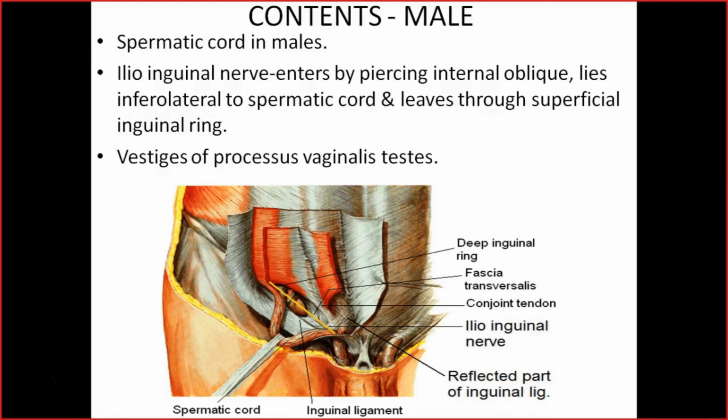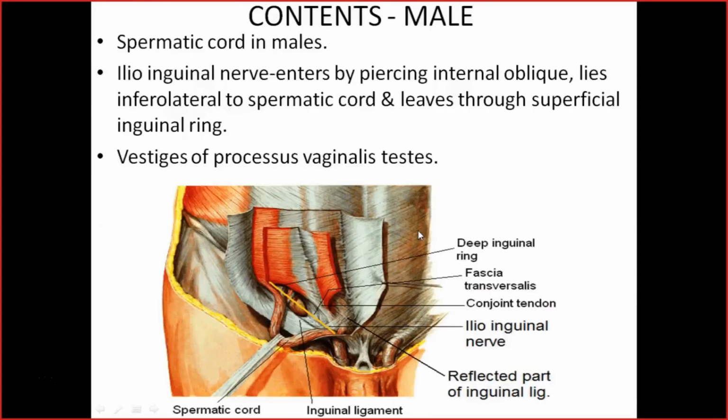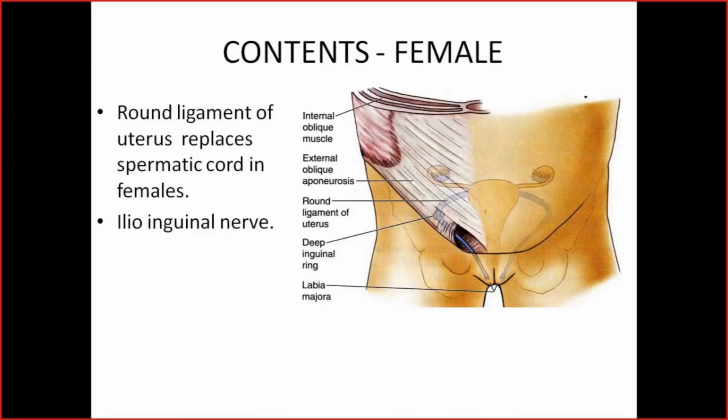In female, instead of the spermatic cord, we have the round ligament of the uterus. Can you make out the round ligament here? So the round ligament of the uterus is also going to pass along with the ilioinguinal nerve. So there we have the spermatic cord along with the ilioinguinal nerve. Here we have the round ligament along with the ilioinguinal nerve. The ilioinguinal nerve is common for both, male and female. Only thing is the spermatic cord is differing. In males it will be seen. Here the round ligament will be seen.